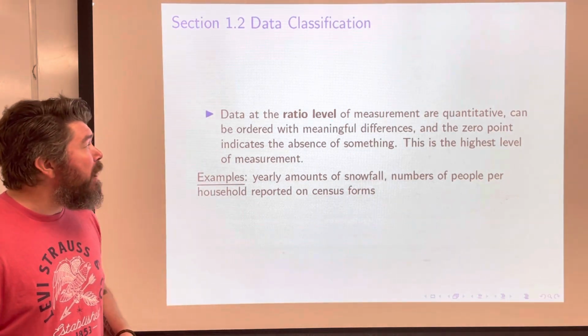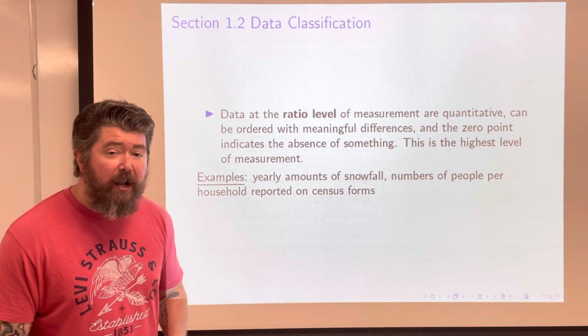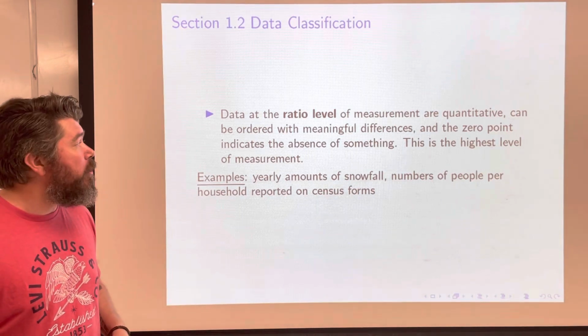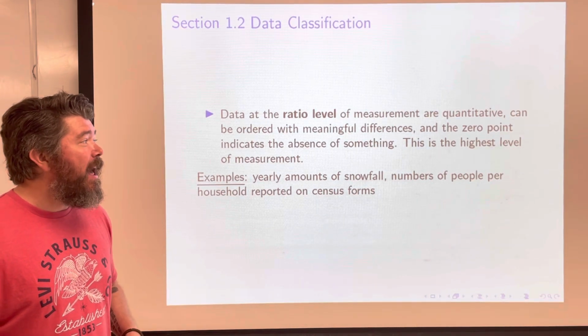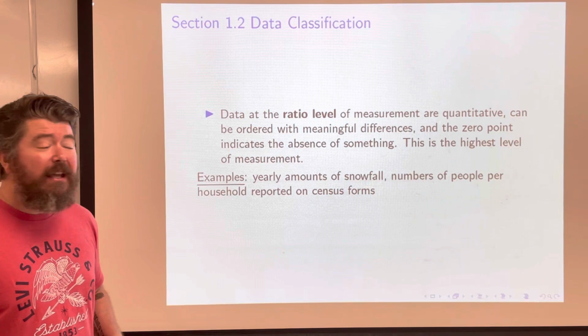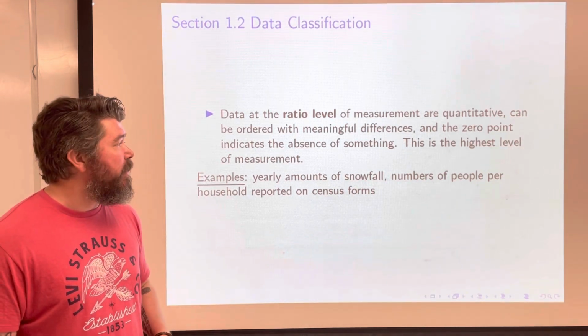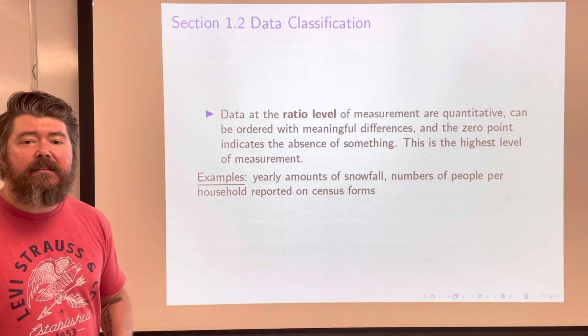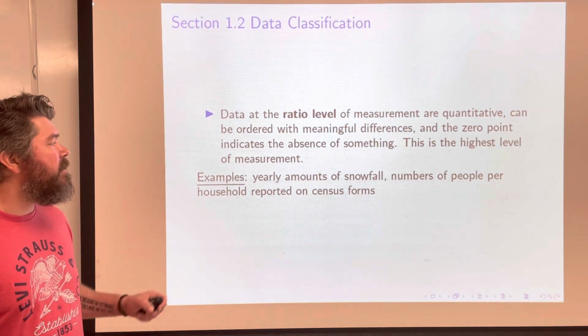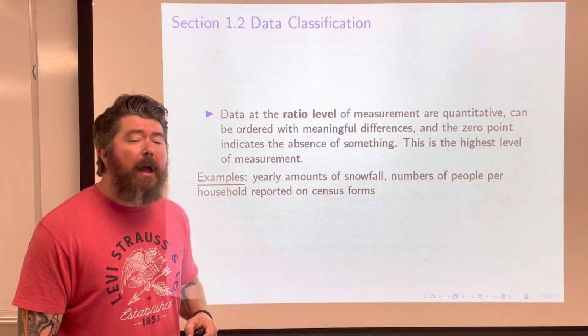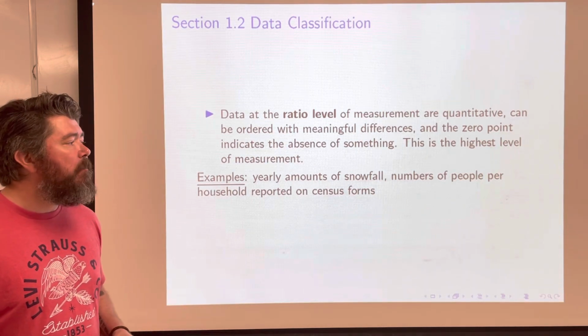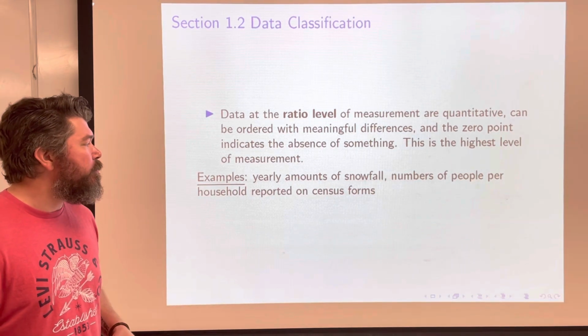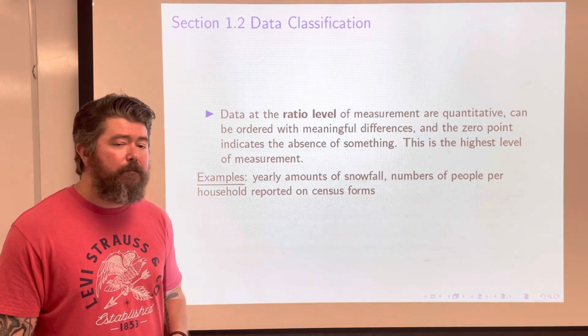Finally, data at the ratio level of measurement are quantitative, can be ordered with meaningful differences, and the 0 point indicates the absence of something. This is the highest level of measurement. Some examples include yearly amounts of snowfall, numbers of people per household reported on census forms.